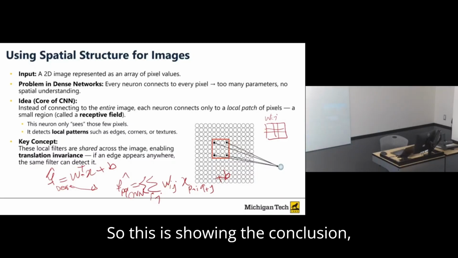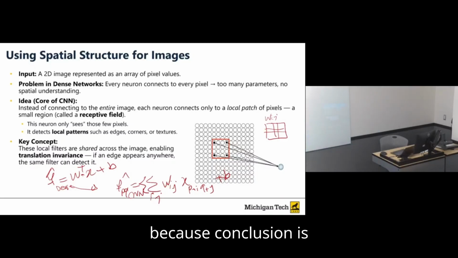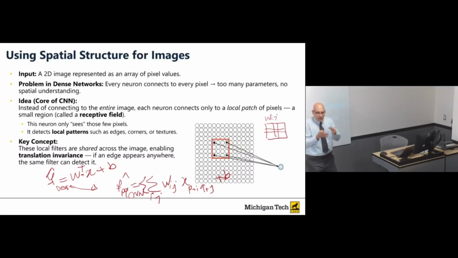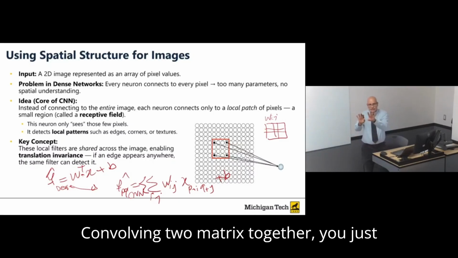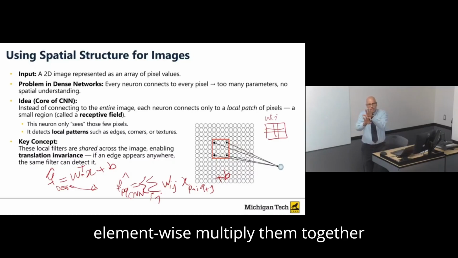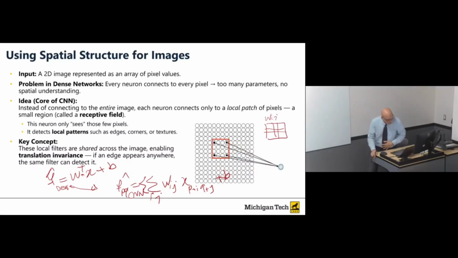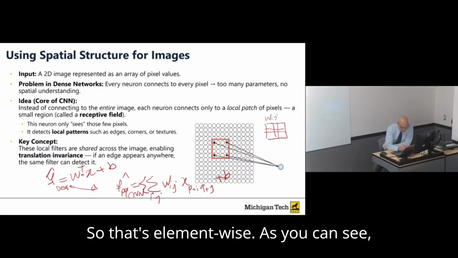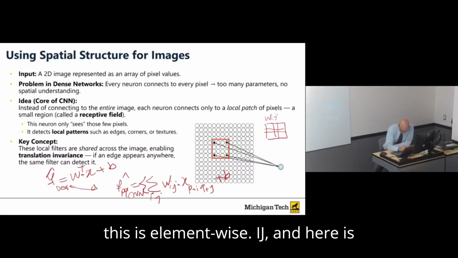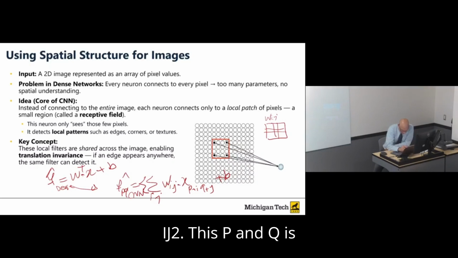So this is showing the convolution, because convolution is element-wise multiplication. Convolving two matrices together, you just element-wise multiply them together and add them together. As you can see, this is element-wise because of Ij and here Ij too.